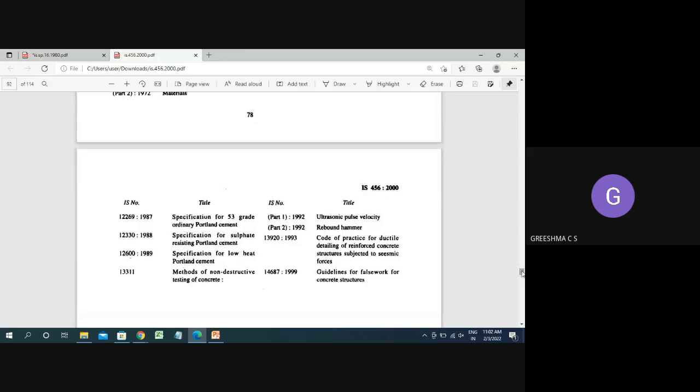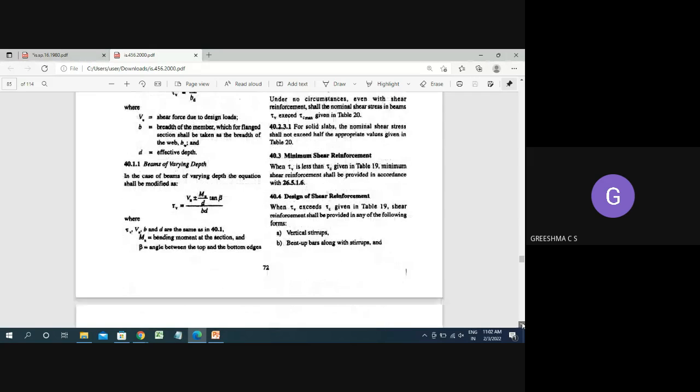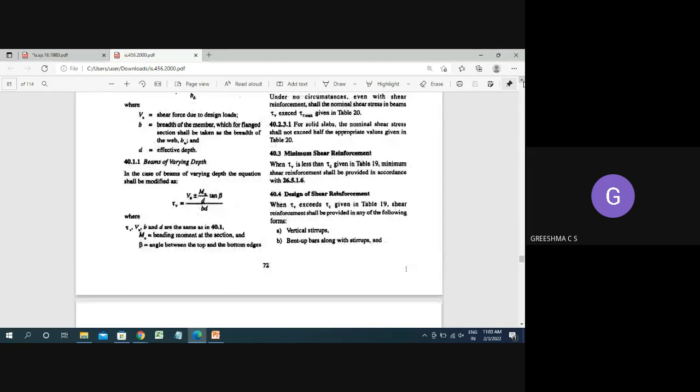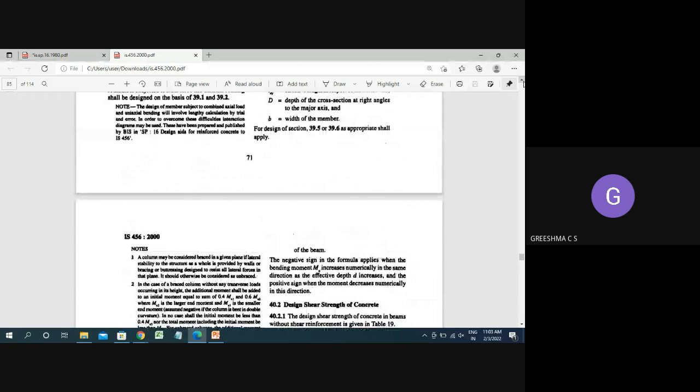See page number 71, clause 39.6. They have members subjected to combined axial and biaxial bending.